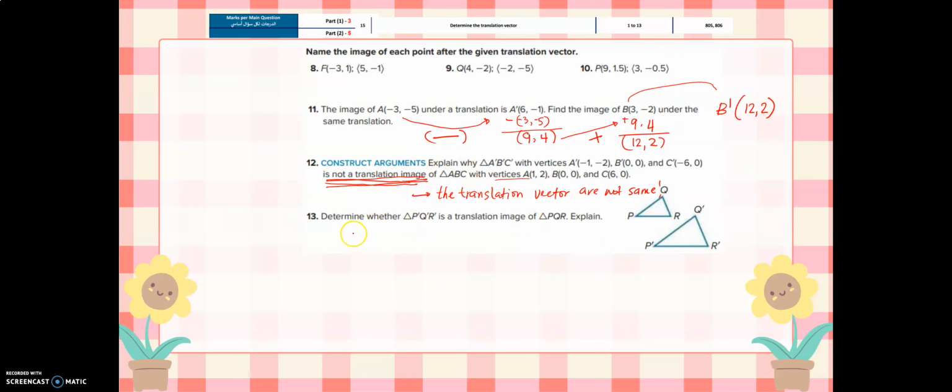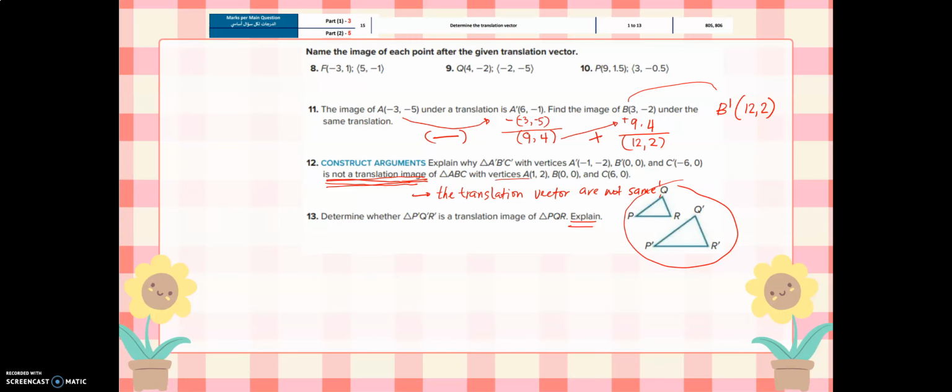And for number 13, determine whether triangle P'Q'R' is a translation image of triangle PQR and explain. As we all know, look at the sizes of the triangles. They are different in size. Okay, so this example tells us that the image is not a translation.